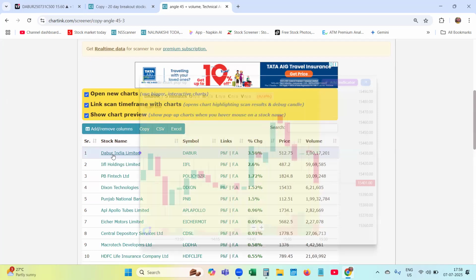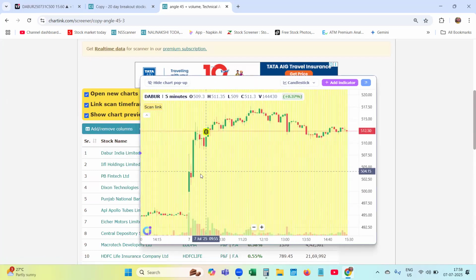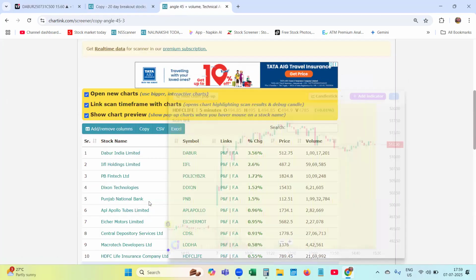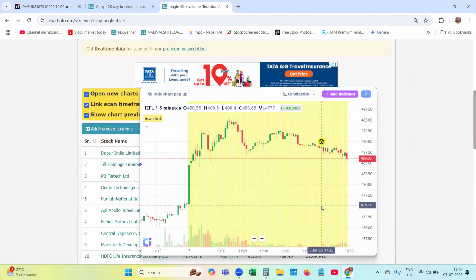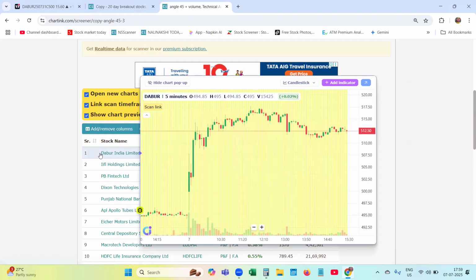See, you are getting Dabur here. When it is 5 minutes, you can directly see the chart, both the things. This 20-day breakout stock as well as it is coming in the 5 minute. So it is a momentum. When you place the cursor, you can see the chart over here in the charting.